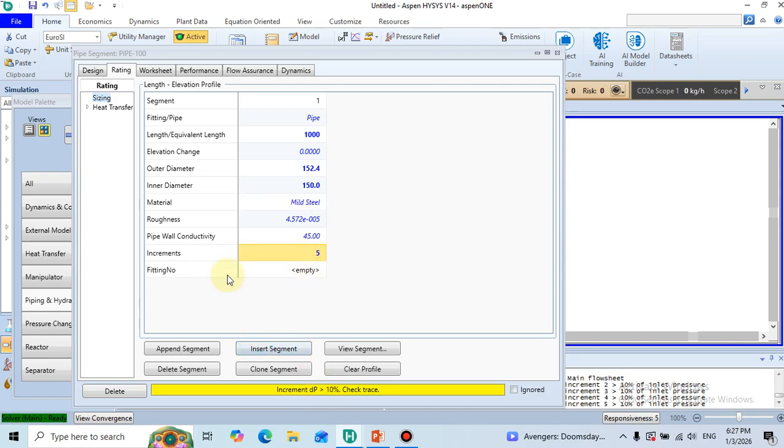So we need to increase the increment to make sure that all the required criteria fall within the range of Hysys as previously defined. So inserting 10 segments, as you can see, this segment is converging.